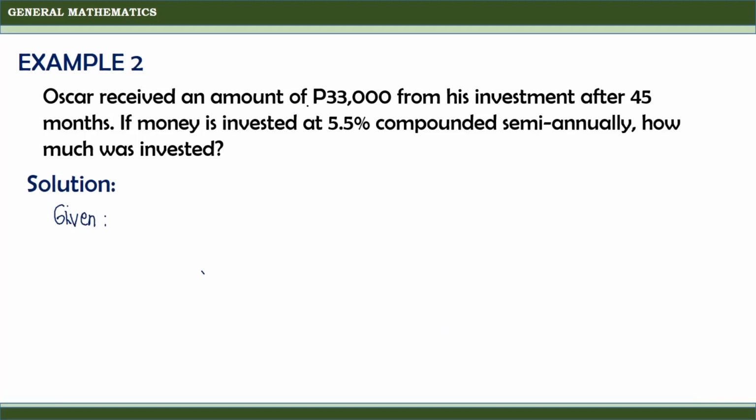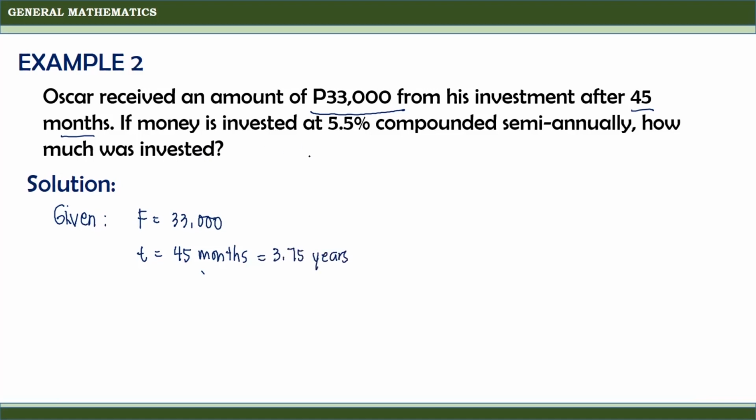Oscar received an amount of 33,000 pesos from his investment means that the future value or F is equal to 33,000. It was after 45 months, therefore the time or the term is 45 months, but again, we need to write this in terms of years. So 45 months in terms of years is equivalent to 3.75.